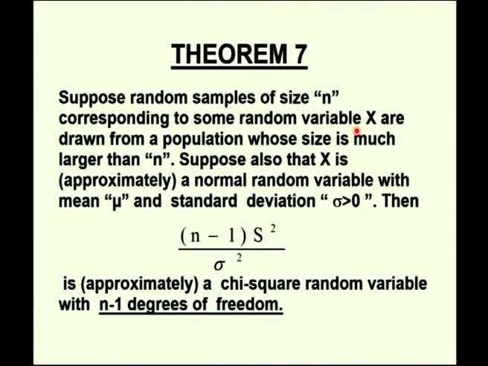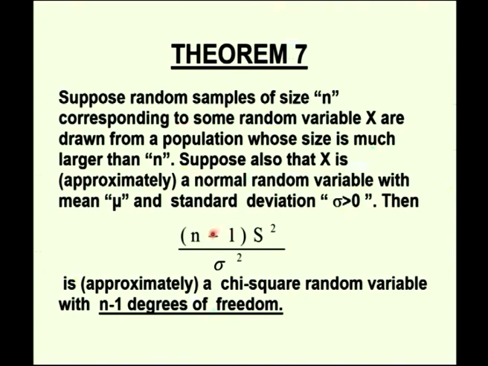That is, it says suppose random samples of size n corresponding to some random variable x are drawn from a population whose size is much larger than n. Suppose also that x is normally distributed as a normal random variable with mean mu and standard deviation sigma greater than 0.